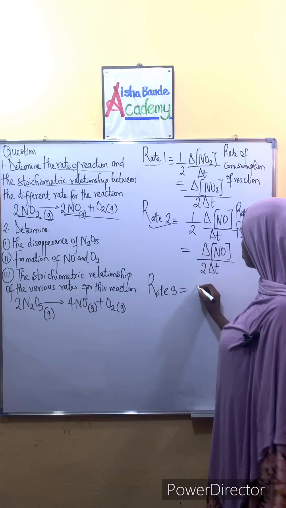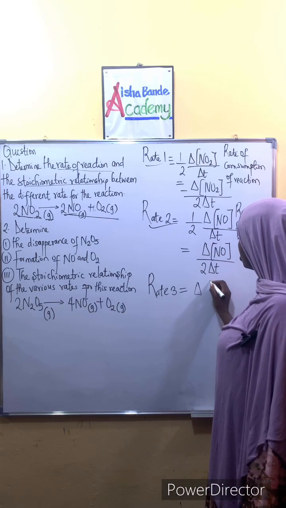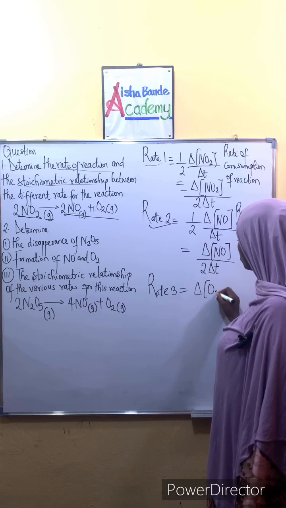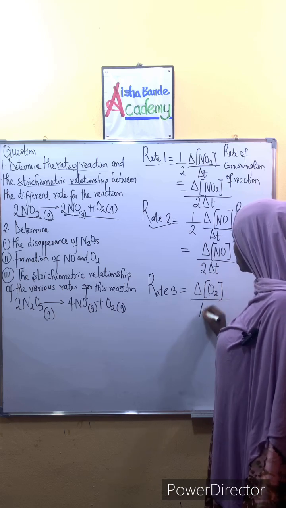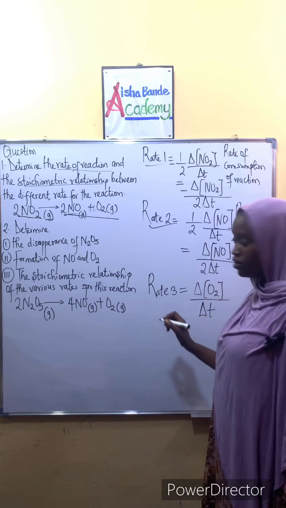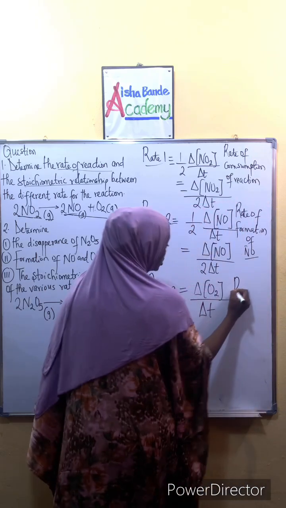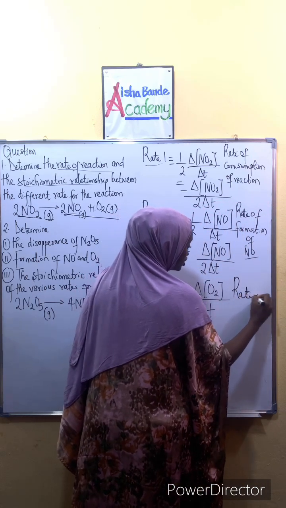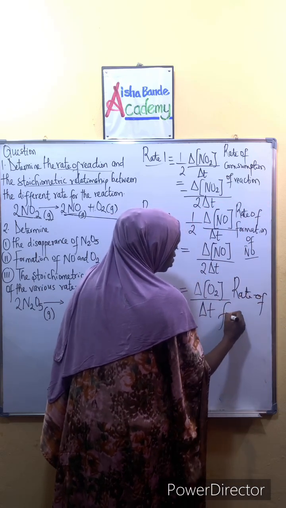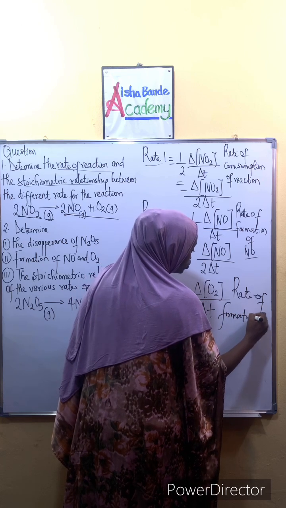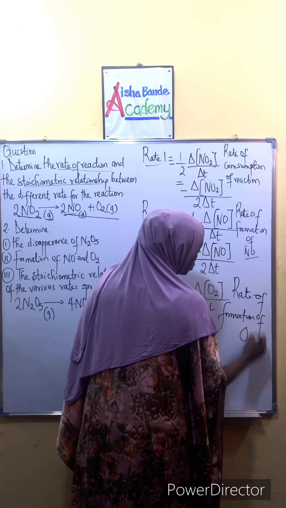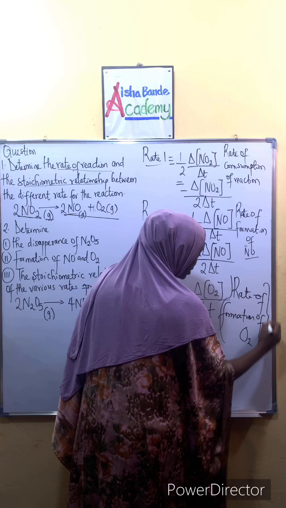So this is going to be the change in the concentration of the product, which is O2, all over the change in time. This is the rate of formation of O2. So this is what we have just calculated here.